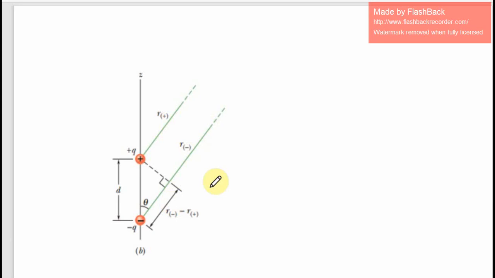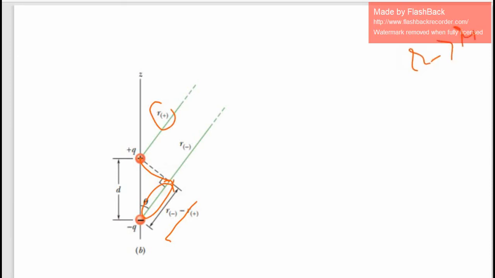How could I get this value? Okay, r minus is greater than r plus, more away as compared to r plus.